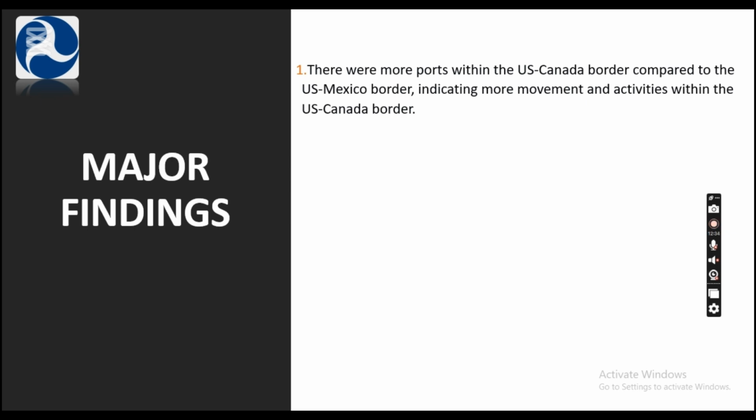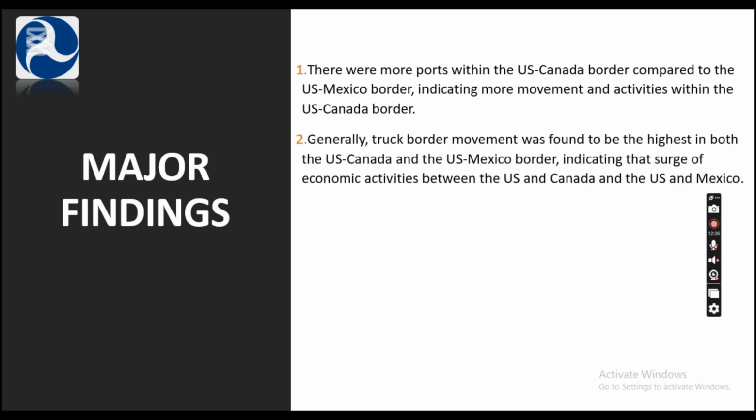We also realize that generally truck border movement was found to be on the high side in both the US Canada and the US Mexico border, indicating that huge economic activities are happening within US and Canada, and then US and Mexico. Okay.